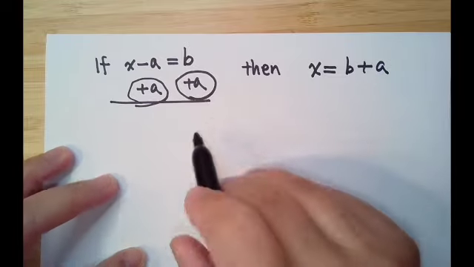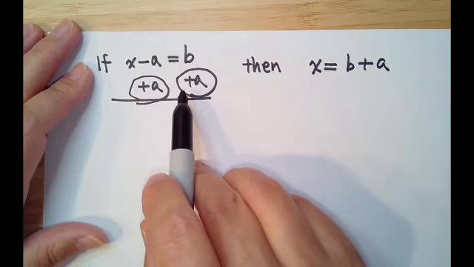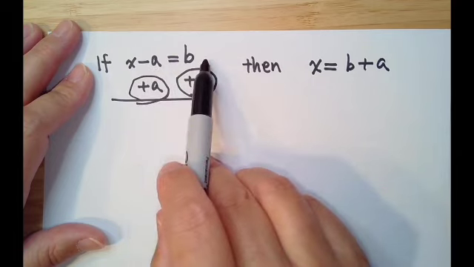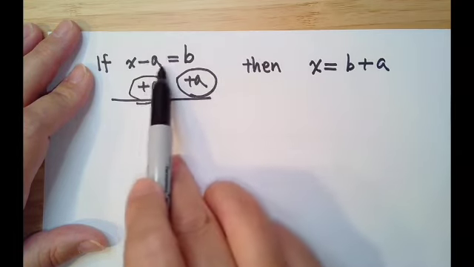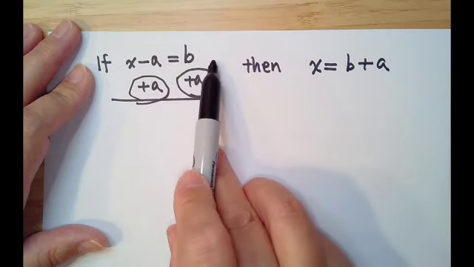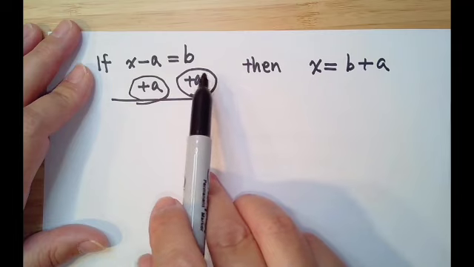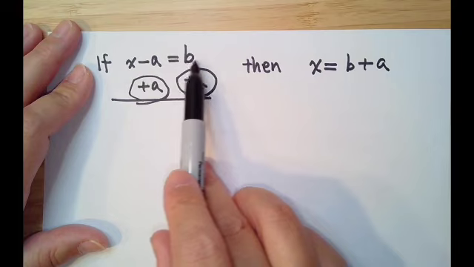Every time we talk about equation, we talk about the left equals right. It's always left side equals the right side. All right, so sometimes you might hear when I say move a to the other side or move negative a to the other side, change the sign. If you move a number from one side to another side, you have to change the sign of it. Therefore, you have x equals b plus a.